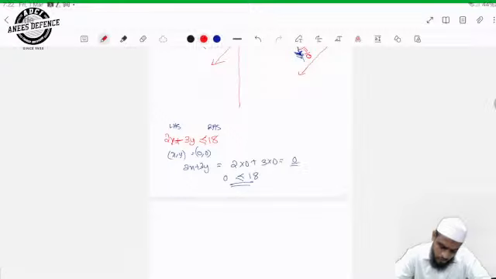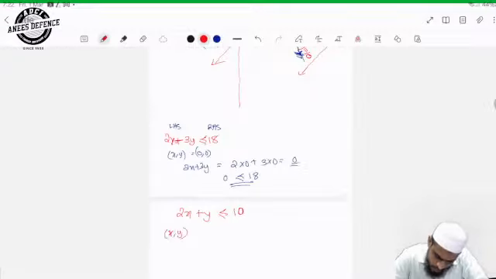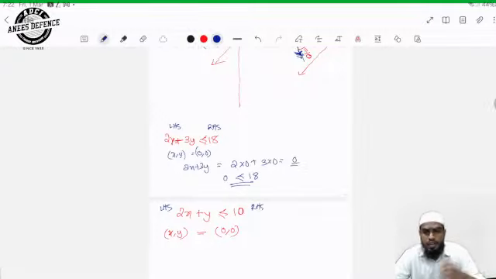My equation is 2x plus y less than or equal to 10. Suppose I put x comma y equal to 0 comma 0. So what will I get? Here also, this is our LHS part and this is our RHS part. Put x comma y equal to 0 in the LHS part and check what value you get and whether that point satisfies the given inequality.